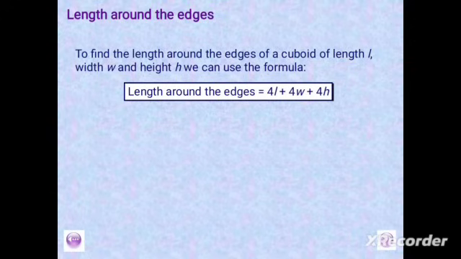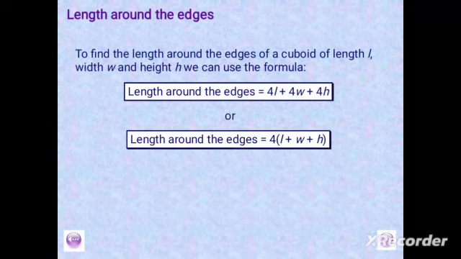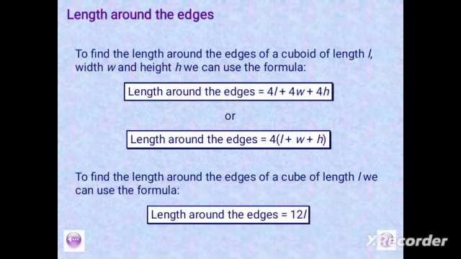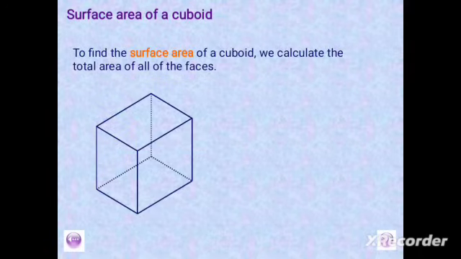The length around the edges is given by 4L, that is 4 times length, plus 4W, that is 4 times width, plus 4H, that is 4 times the height. Or by simplification, 4 times (length plus width plus height). So to find the length around the edges of a cube of length L, we can use the formula, that is 12L.